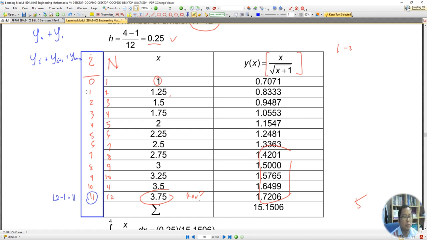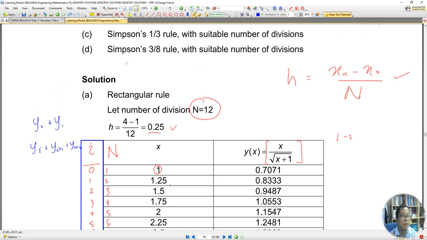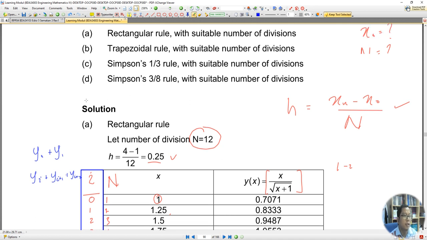So the most important thing during this method is, first, before you do anything, you have to clarify the important values, let's say x0, xn and h.